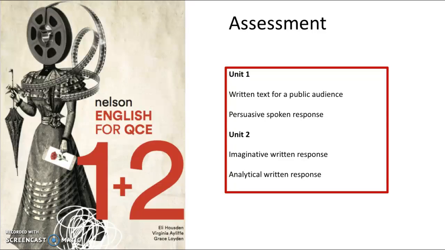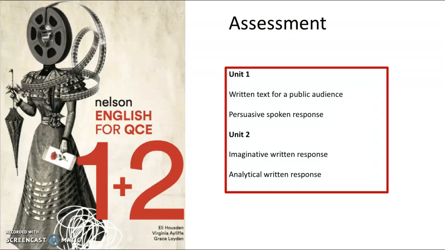At the conclusion of each unit, we have offered some chapters that look at the sorts of assessment you might like to consider for the text that you've chosen. At the end of Unit 1, we've looked at written texts for a public audience and a persuasive spoken response. In this activity-based approach to assessment, we've provided opportunities for students to engage in understanding those text types and how to go about writing them.